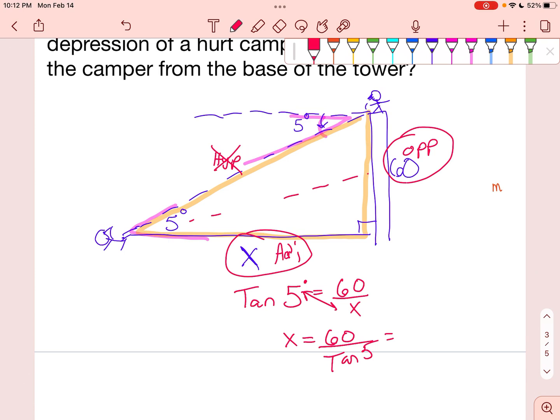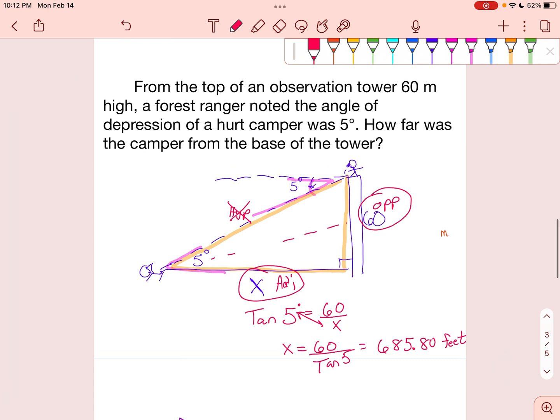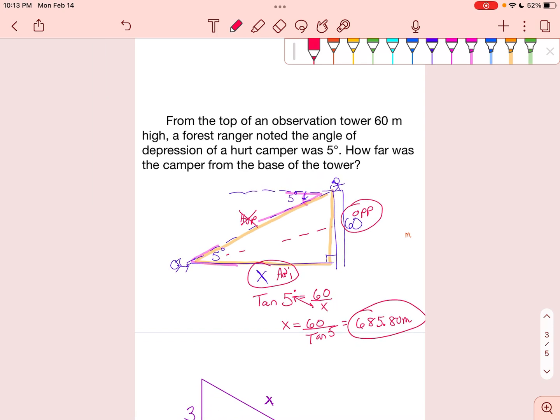We're going to actually type this in. So 60 divided by the tangent of 5 degrees, and my calculator says it's about 685.80 feet. I believe this was in meters, scratch the feet, change it to meters. So it's about 685.80 meters away. So that's how far the hurt camper was.